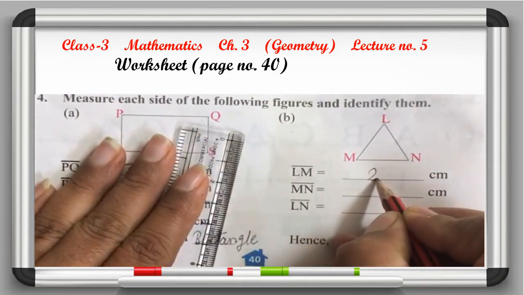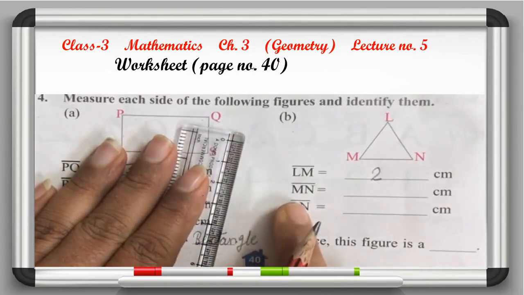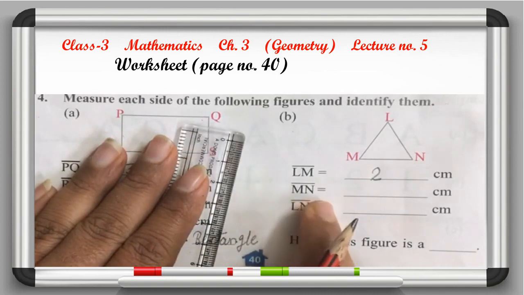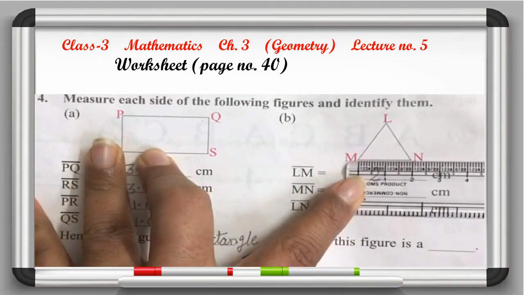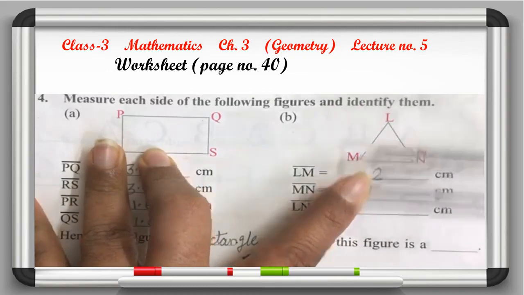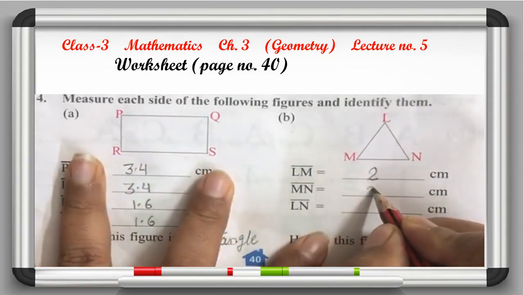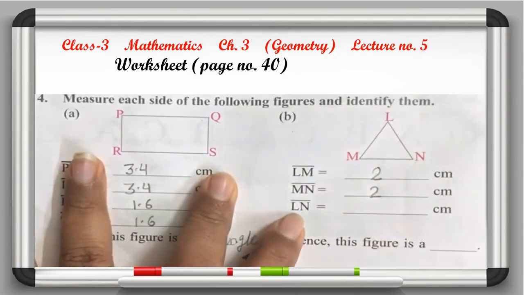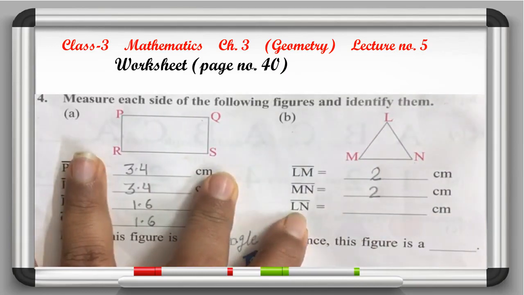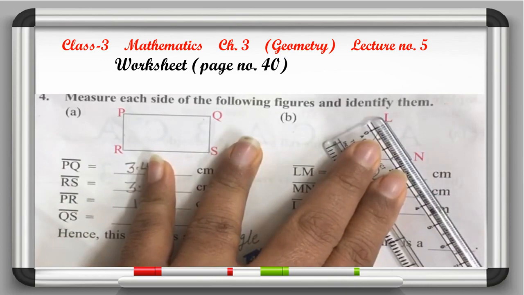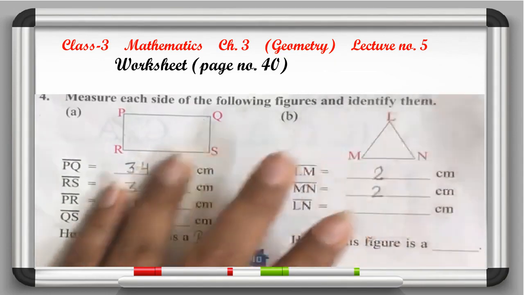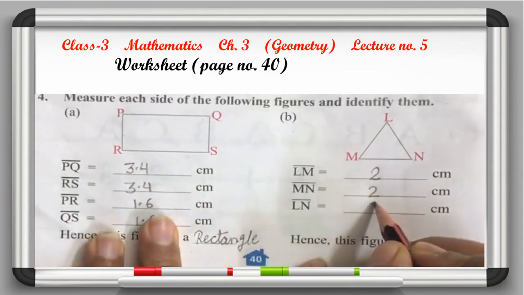So here we will write 2 centimeter. Now we have to measure the length of line segment MN. So here the length of line segment MN is also equal to 2 centimeter. Now we have to measure the length of line segment LN. So here LN is given, and the length of line segment LN is also 2 centimeter.